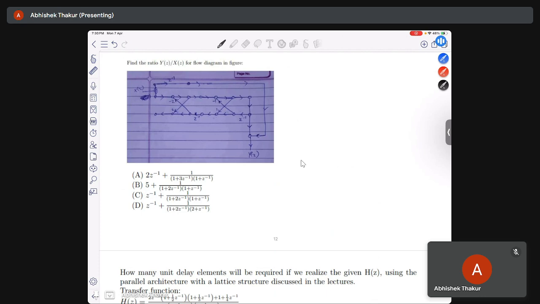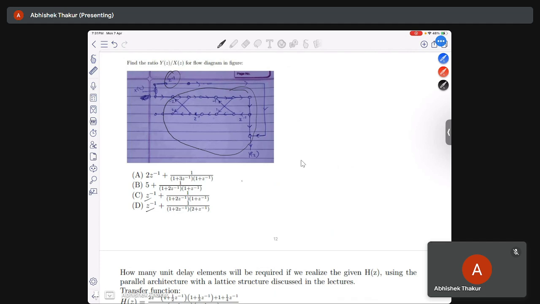Here is the find the ratio of Y(z) by X(z) for the flow diagram. Here you can see like this z inverse is coming. So the first thing is this option C or option D have z inverse directly going towards the output. And it is a parallel architecture with z inverse in parallel with the system. And now this system is same as the system in the question number 5, the previous question.